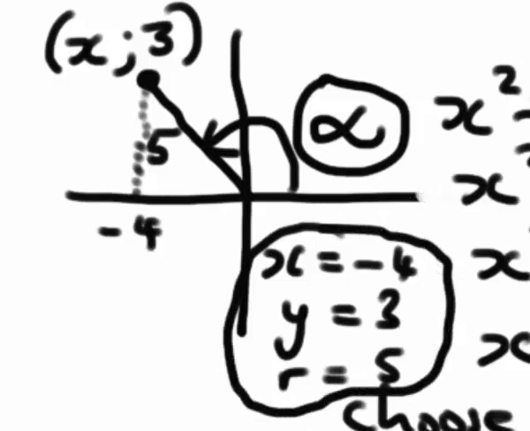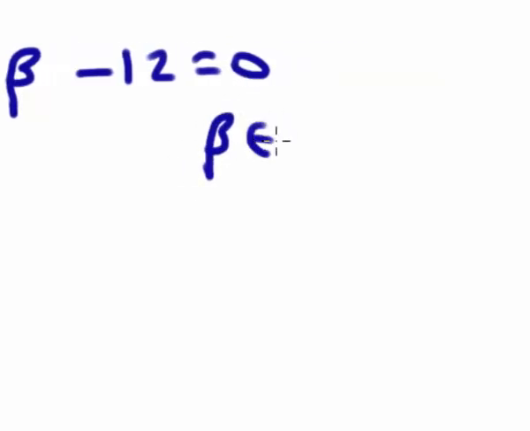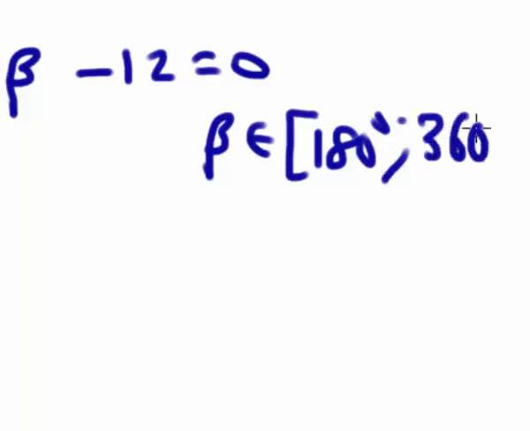Okay, alright, now I'm going to give you another angle and another restriction, then I'm going to combine all of this. Let's go to a different color. What if I said to you, let's take 13 cos beta minus 12 is naught, and I gave you a restriction that beta goes from 180 to 360. I want you to draw a diagram and determine x, y, and r here.